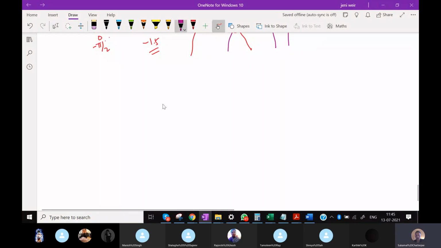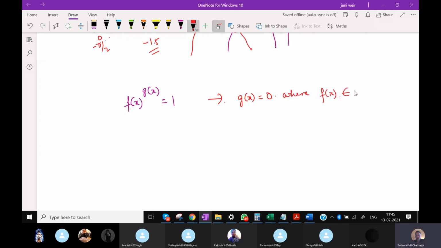This is a function of the form f of x to the power g of x equals 1. Now this means that g of x equal to 0, where f of x is an element of all real numbers except 0.